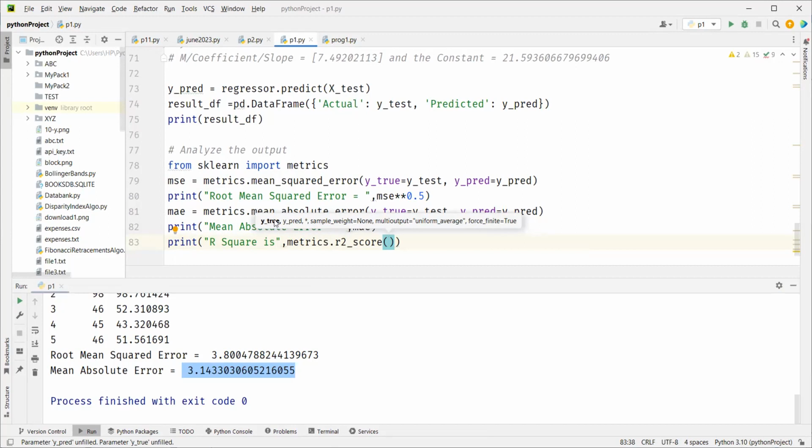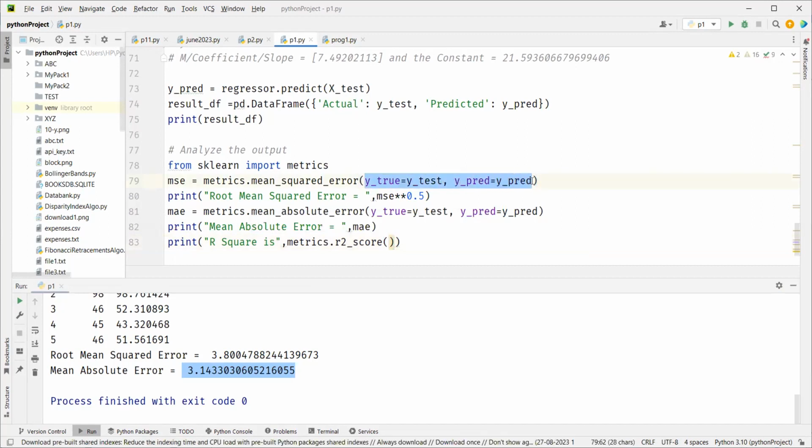This will need your values. What values did we give? Y true and Y pred. If you're giving them in the same order, then you don't have to say y true, directly say y test and y pred, because the first two inputs were those. Again, you have to remember your functions and classes.